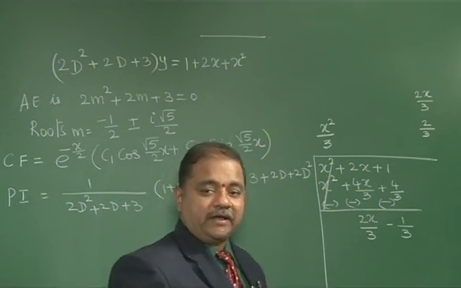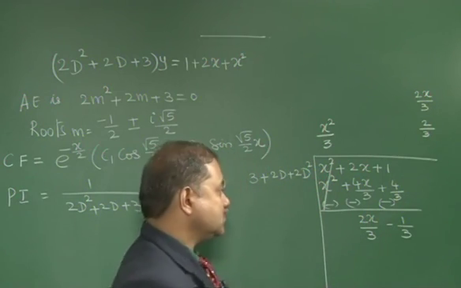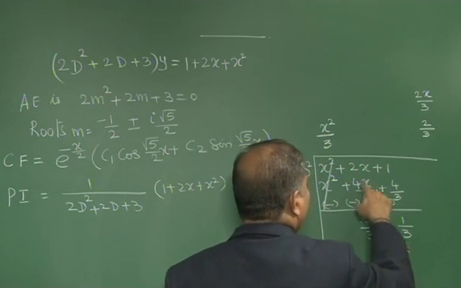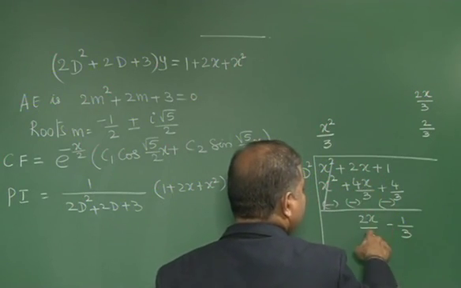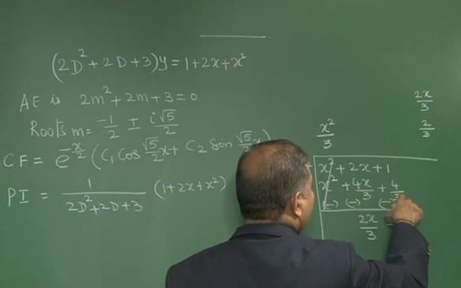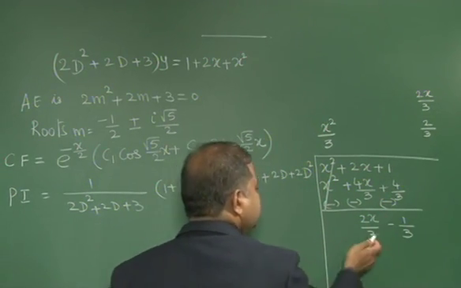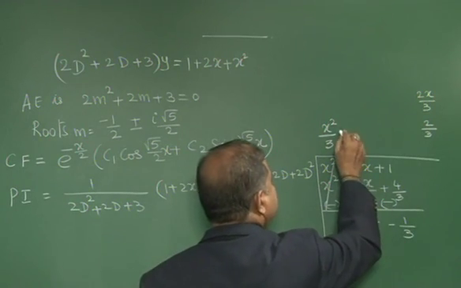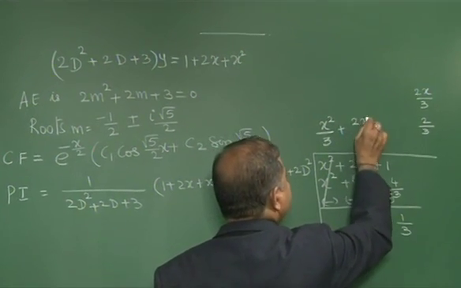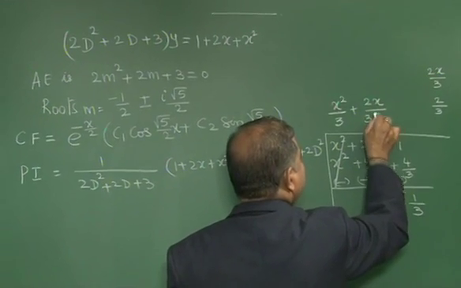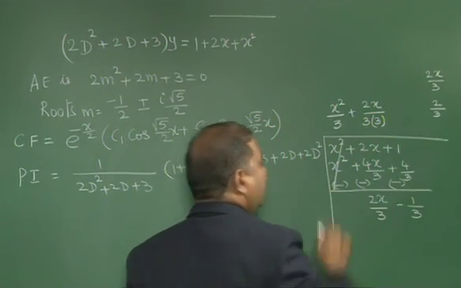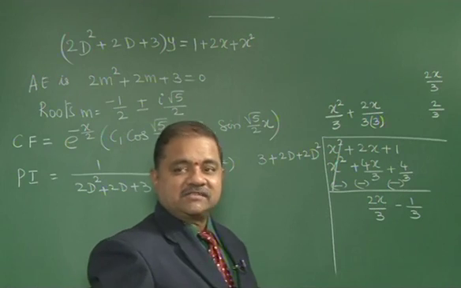If you want, you can do it in a rough column also. This is 2 minus 4 by 3, so 6 minus 4. This is 1 minus 4 by 3, so 3 minus 4. No change in the procedure. Write this as it is, plus 2x by 3 into 3 in the denominator. Where did that 3 come from?